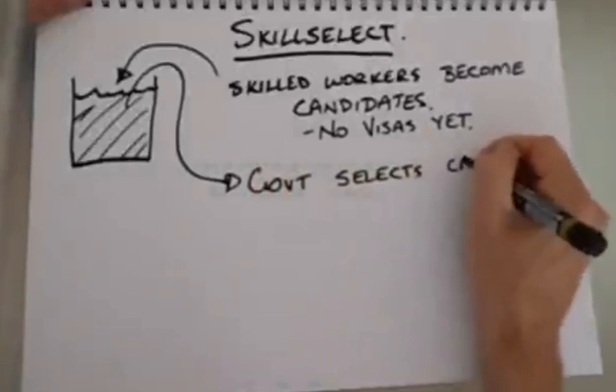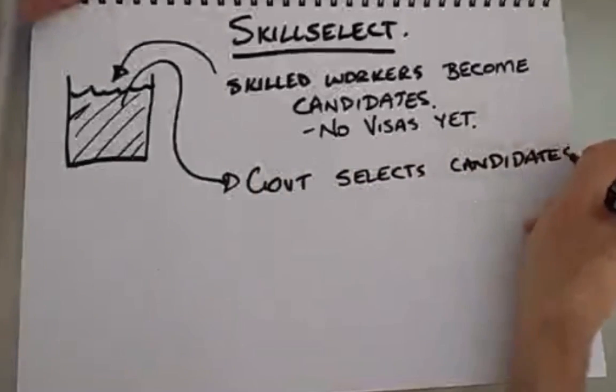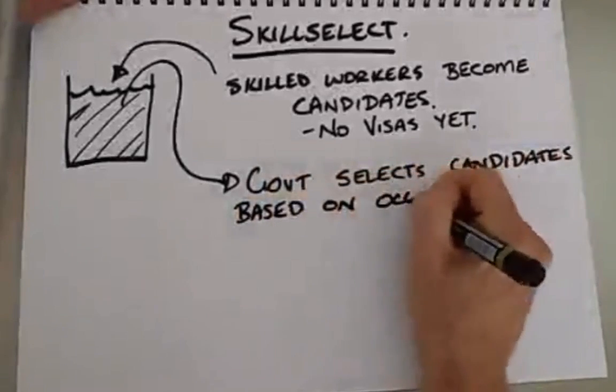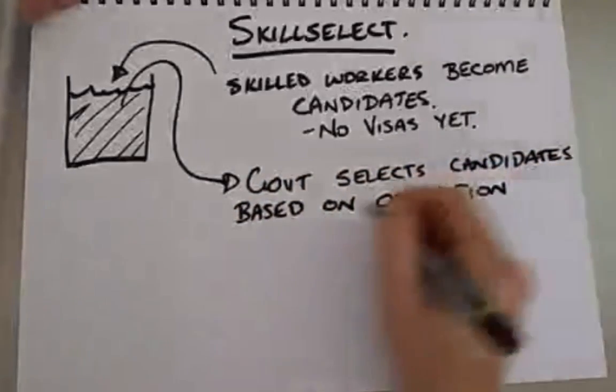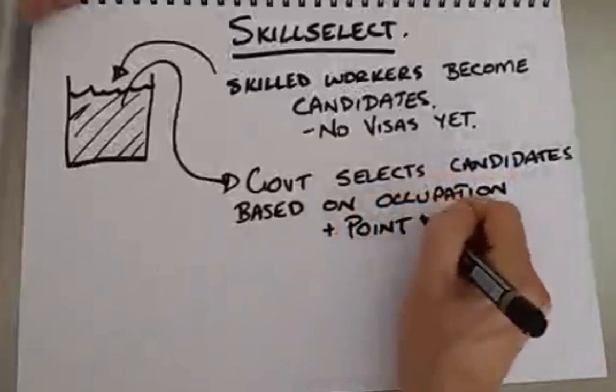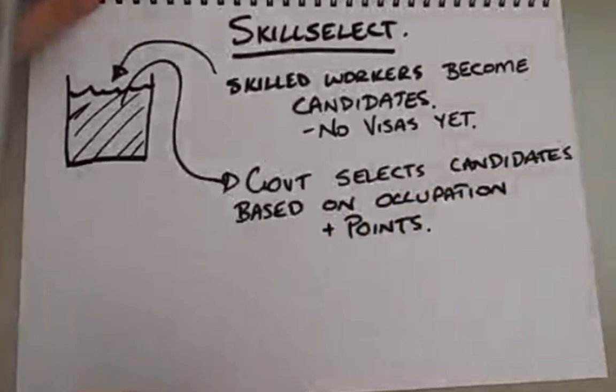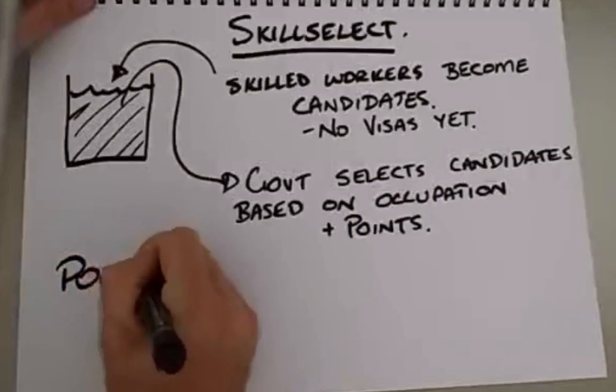Remember, this is based on your occupation, and also there's points testing. These points are really about your attributes that will be of benefit to Australia. You need 60 points to be able to get into the SkillSelect pool to be a candidate.